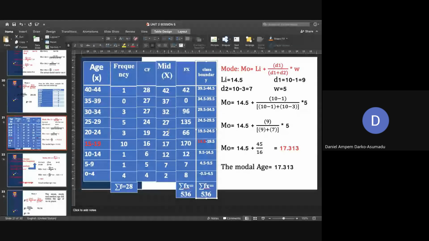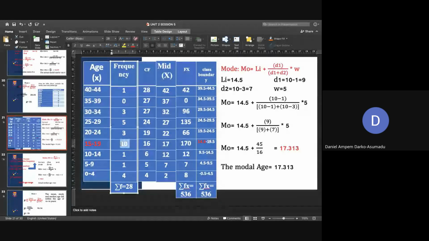Right. So now, do you agree where the 14.5 is coming from? Have you seen it? That is the lower class boundary of the class that contains the modal age. 14.5. I've highlighted it in red. Then D1 is the difference between the frequency of the modal age and the frequency before this one.